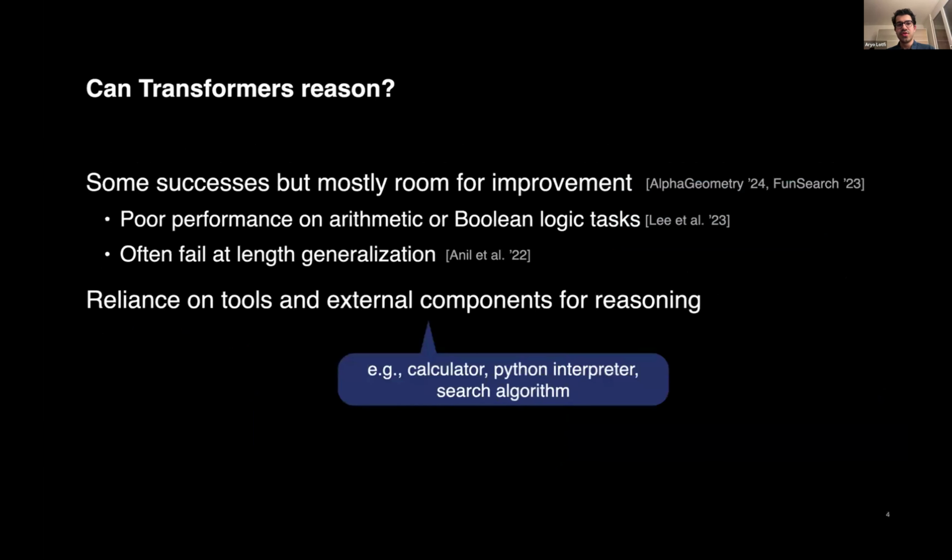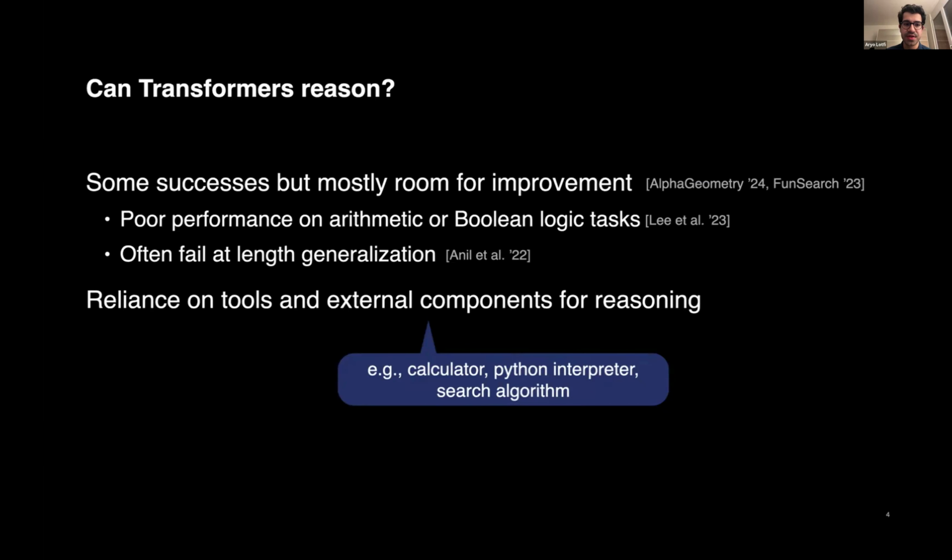To answer whether transformers can reason or not, there have been some success stories. For example, AlphaGeometry and AlphaProof can solve mathematical Olympiad questions quite well, or FunSearch. But still, for some simple problems like arithmetic, just summing or multiplying numbers, transformers fail quite early, even for 6 or 7 digits for multiplication.